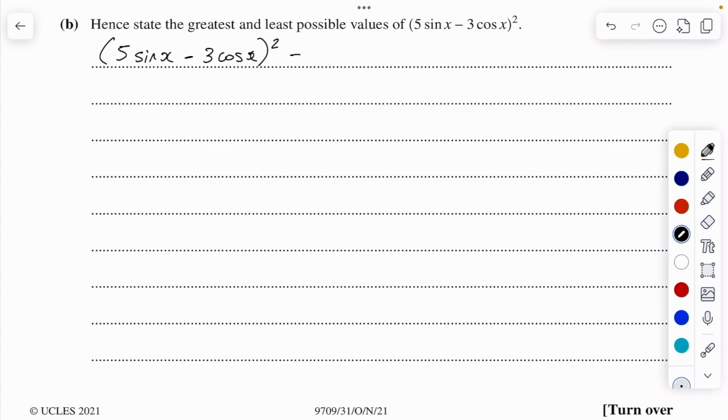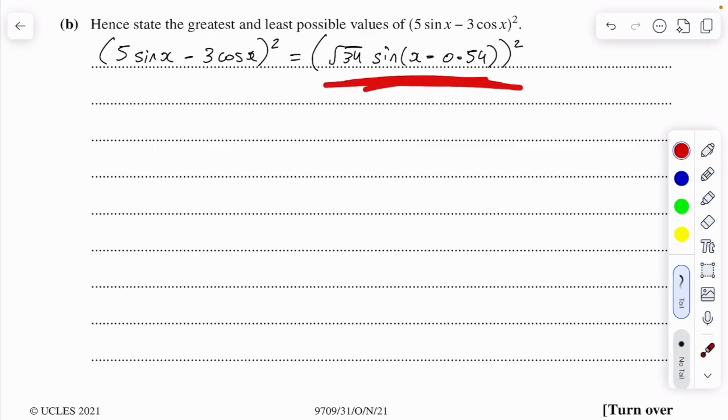What does that equal? Well, what that equals is root 34 times sine of x minus 0.54, squared. So this now is our value.